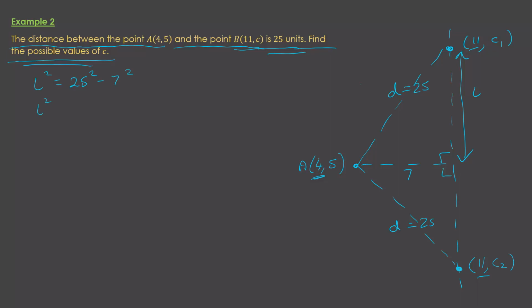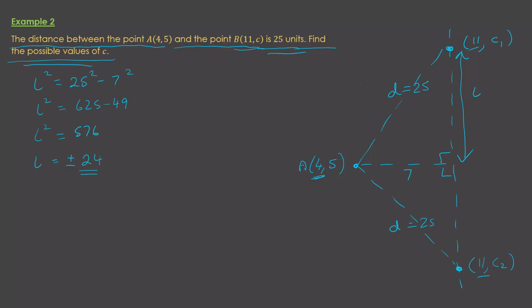So L squared is equal to 625 take away 49. So L squared is equal to 576. And so that means that L is plus or minus 24.